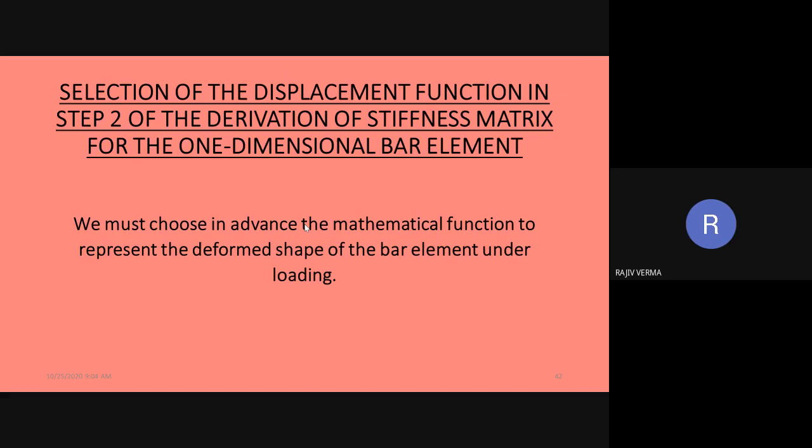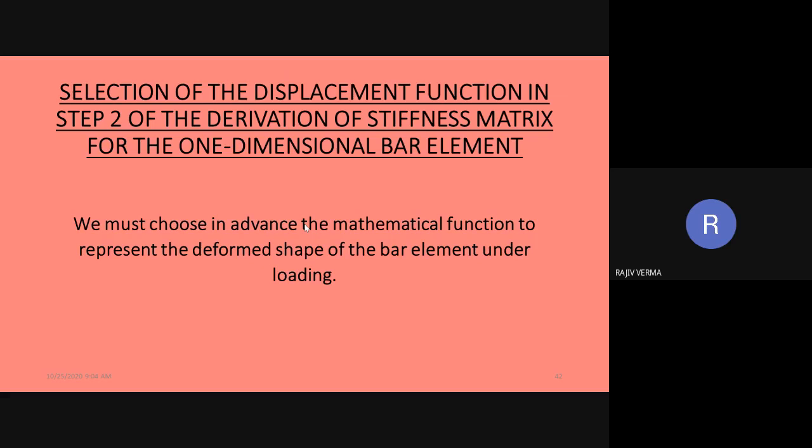You might be working at a particular force for which the member is going to buckle, but the FEM analysis is simply not going to show any buckling because the mathematical formula corresponding to buckling has not been incorporated.